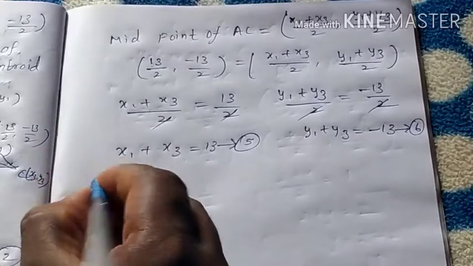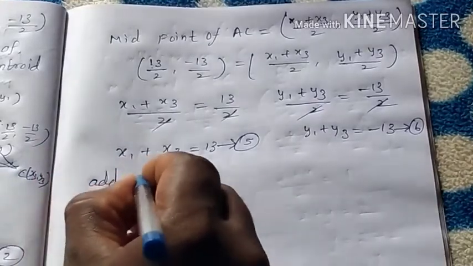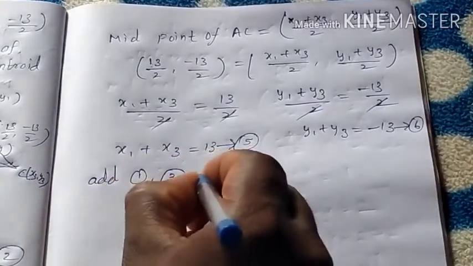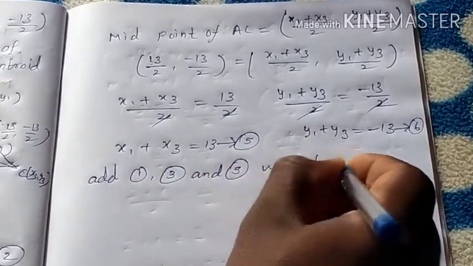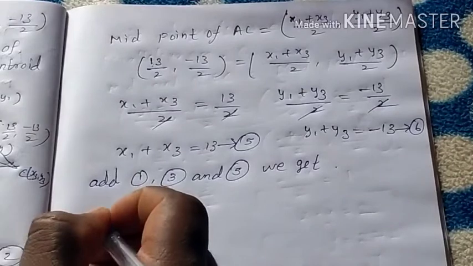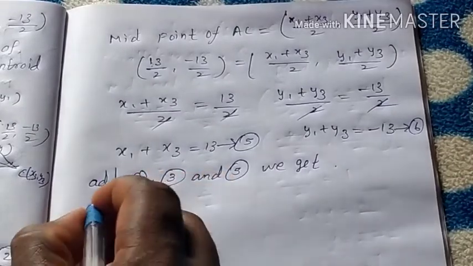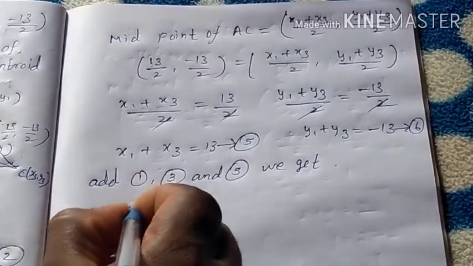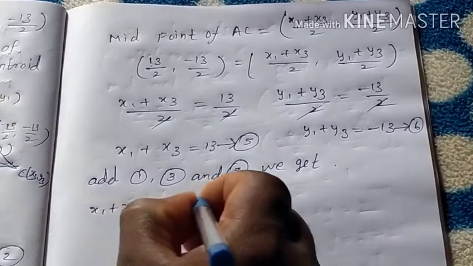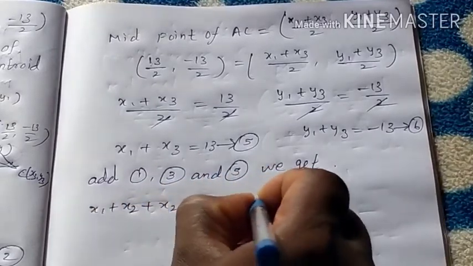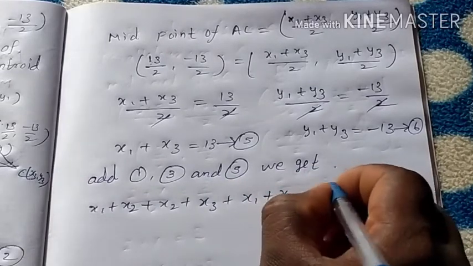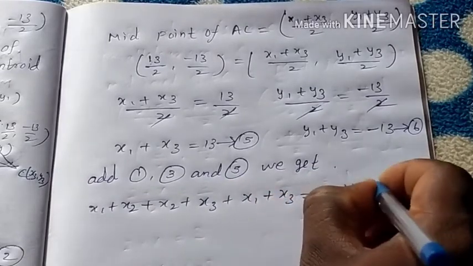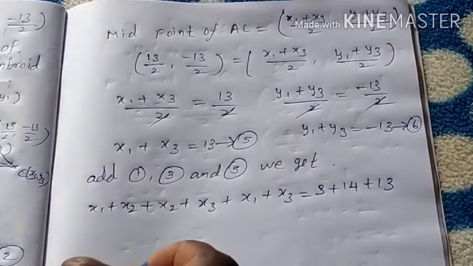Okay, then add 1, 3 and 5. We get the left hand side of the odd numbered equations: x1 + x2 + x2 + x3 + x1 + x3 equal to the right hand side 3 + 14 + 13.